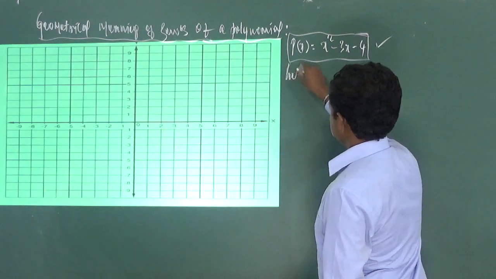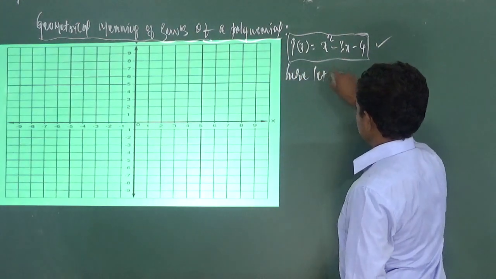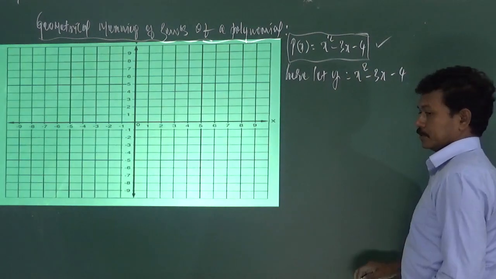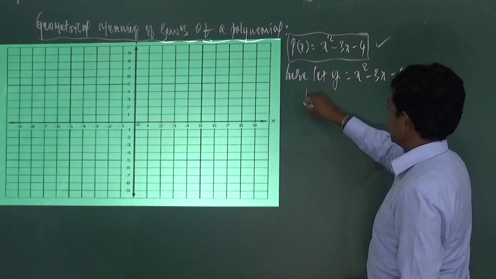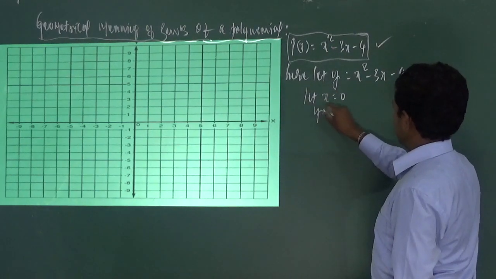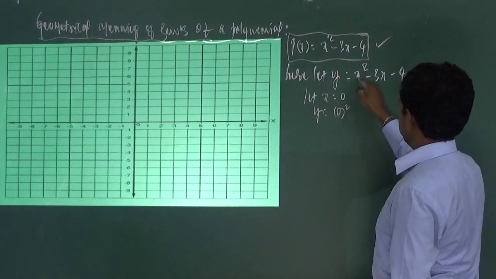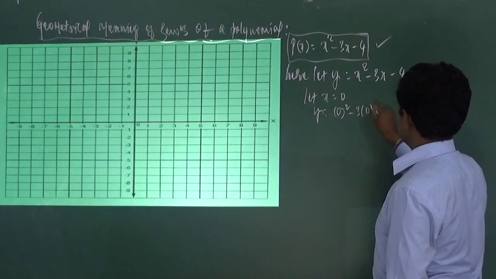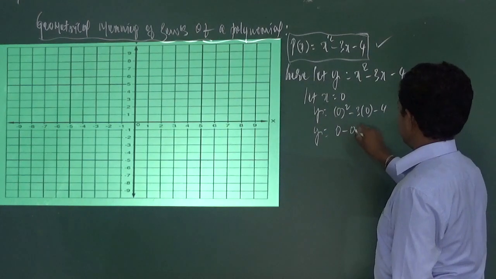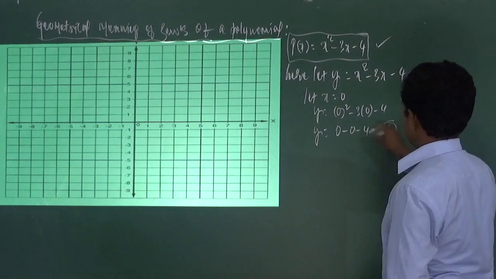So here, let y is equal to x square minus 3x minus 4. Let us go on giving values to this. Let x is equal to 0. So y is equal to 0 square minus 3 into 0 minus 4. So y is equal to 0 minus 0 minus 4, which is equal to minus 4.